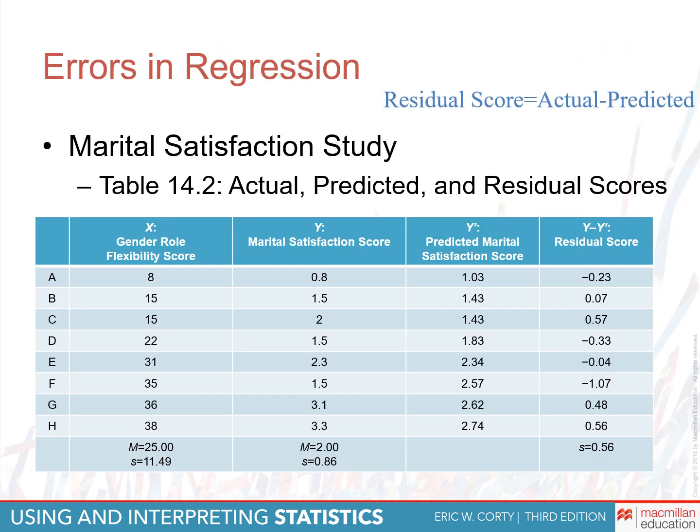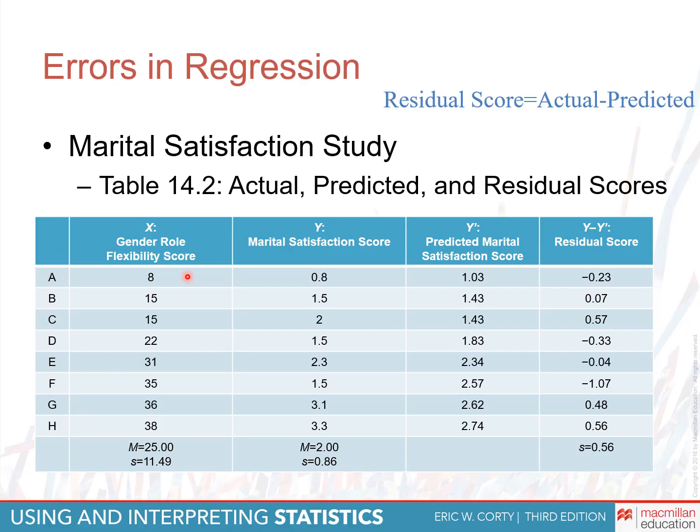Let's look at an example of this. So if we go back to our marital satisfaction study, remember our X variable, our explanatory variable, was the husband's gender role flexibility score. The Y variable was the woman's marital satisfaction score. And then we had the 8 different participants in our study.